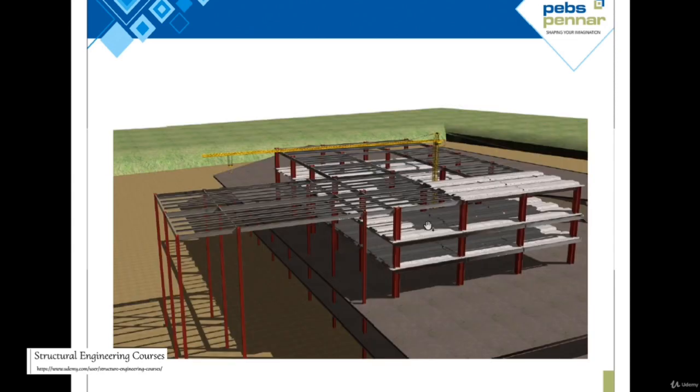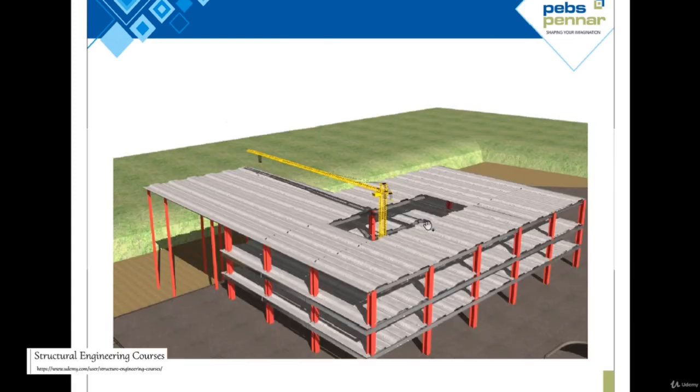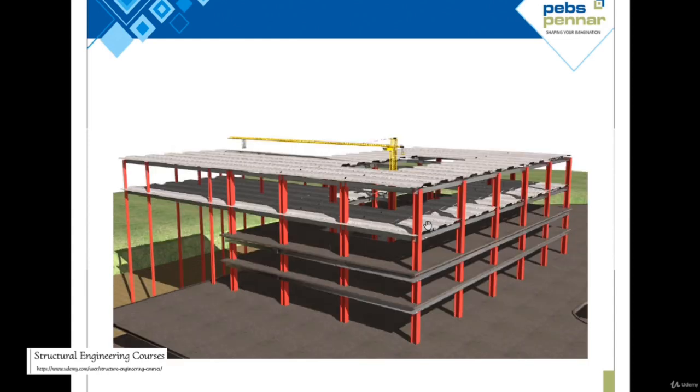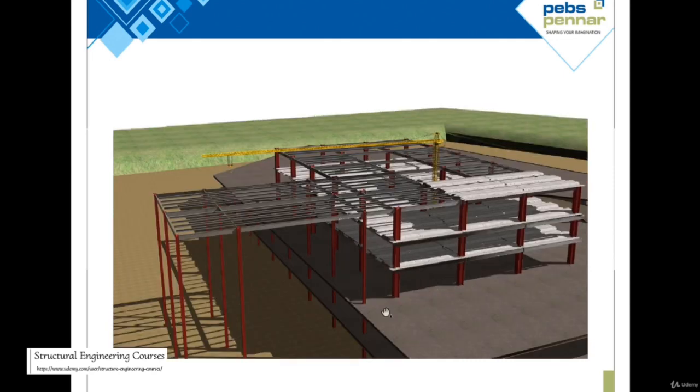So in steel structure, erection methodology is also a very important step, and as a structural engineer, you should check the structural stability of the steel structure at each and every stage. That is, at a stage when the concrete is poured only on these two floors and there is no concrete over all these three floors.